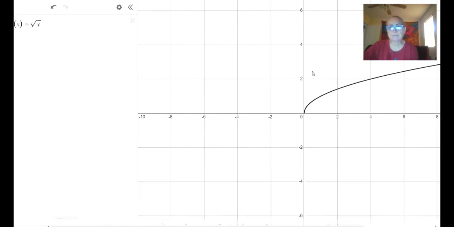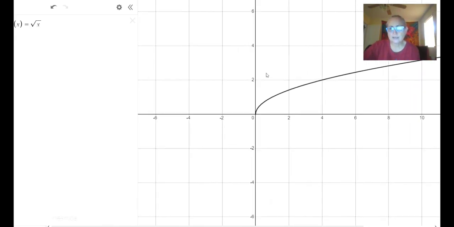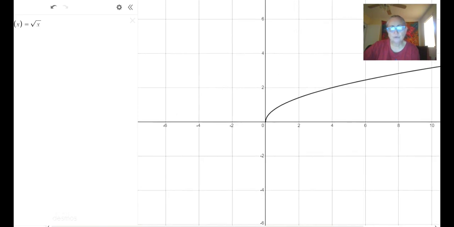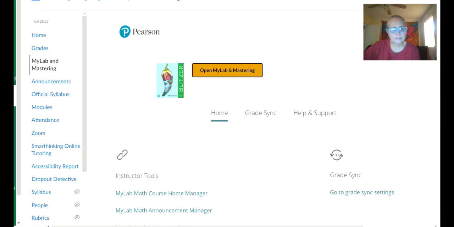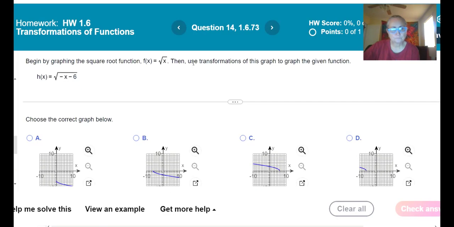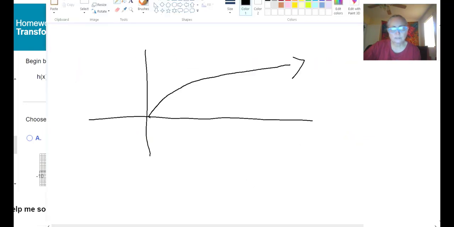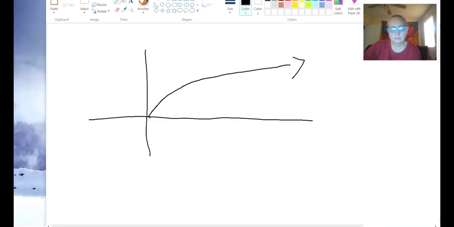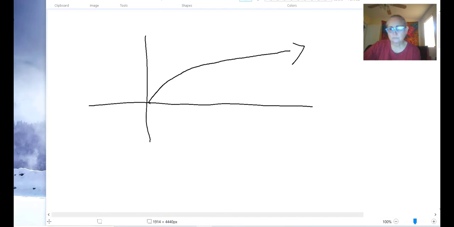All right, so there's that basic graph that I spoke about. Now notice that this problem has a reflection and a horizontal transformation. All right, so let's look at the Desmos.